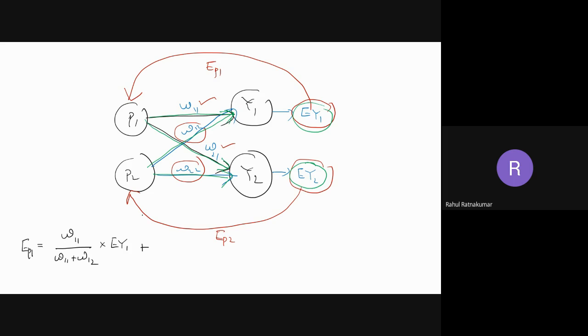Yeah, based on the second neuron, to change. That is W21. W21 is this, W21 divided by W21 plus what is the other weight, W22, right?